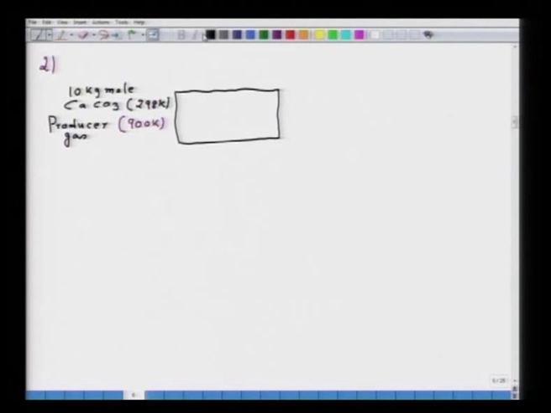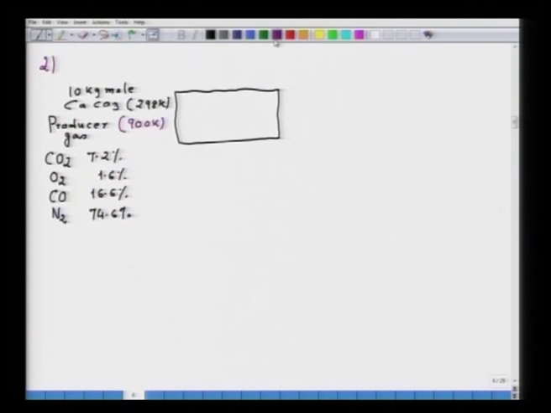So, the composition of producer gas is given: CO2, oxygen, carbon monoxide, nitrogen. Now, CO2 is 7.2%, oxygen 1.6%, carbon monoxide 16.6% and nitrogen is 74.6%.